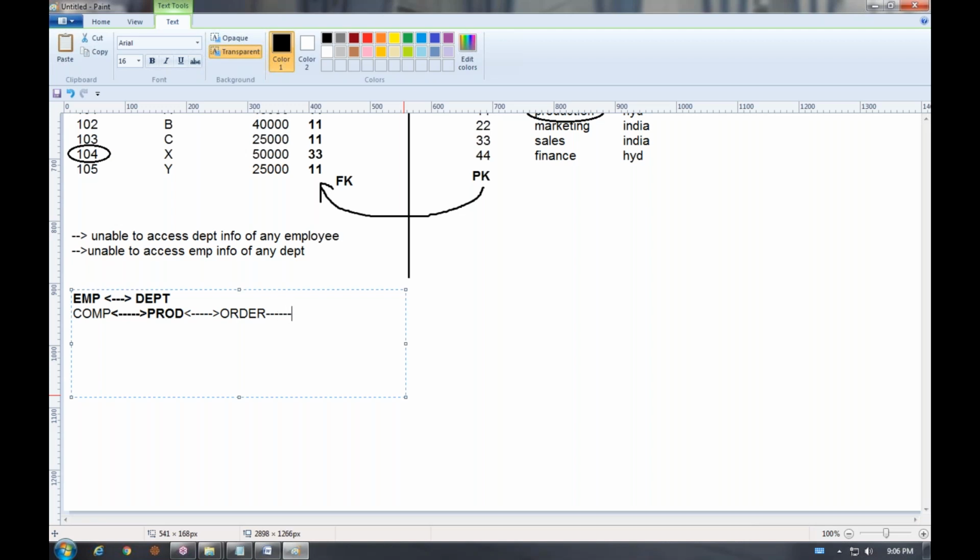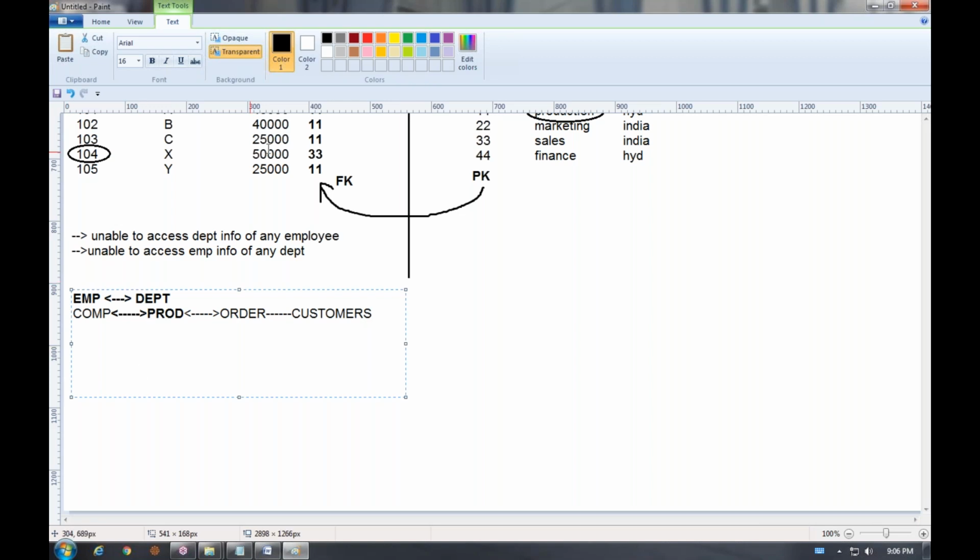The orders are raised by whom? Customers. Understand the relation? Product is related with company and product is requested by order. The orders are made by customers. These are all related objects.